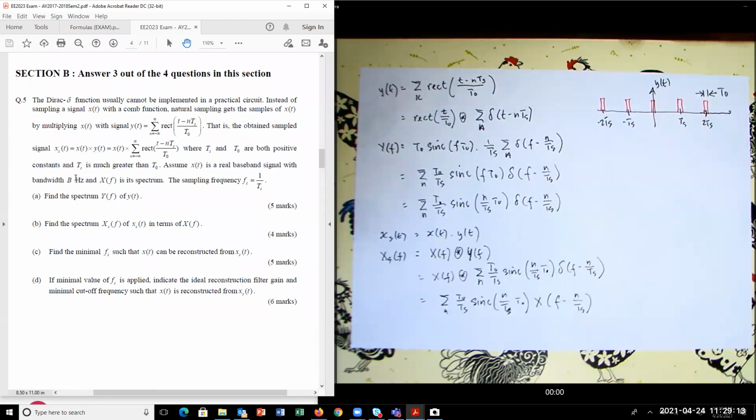So if you don't want to have aliasing, the minimum Fs must be 2B, no? Twice the maximum frequency. So the minimum value of Fs is 2B because the bandwidth of X is B.